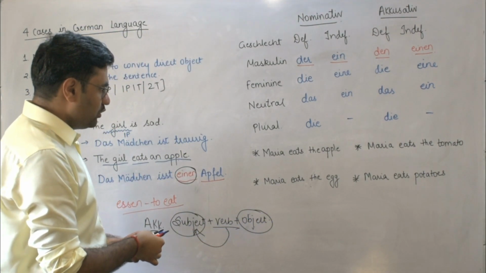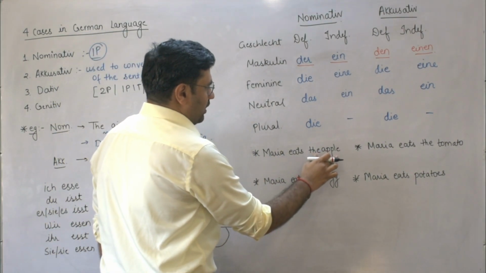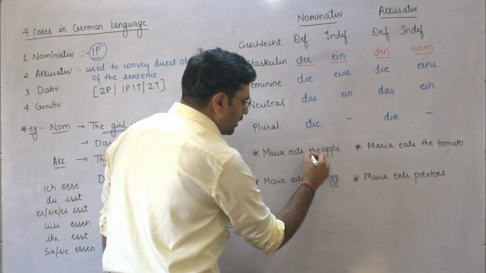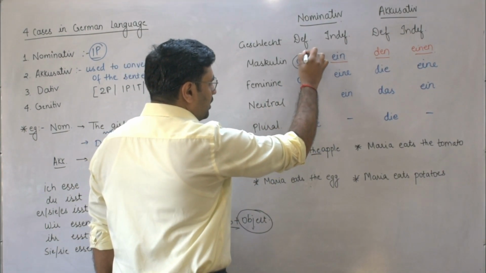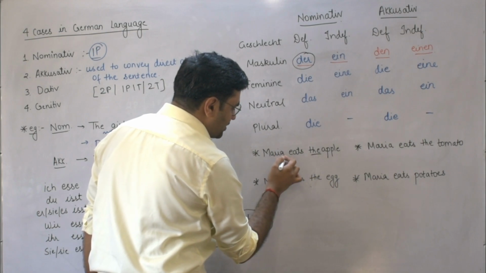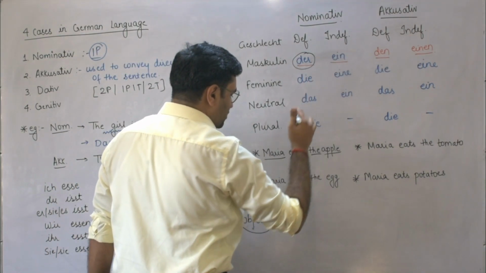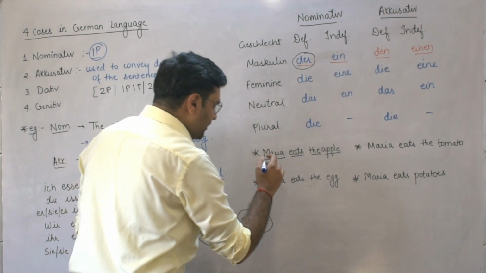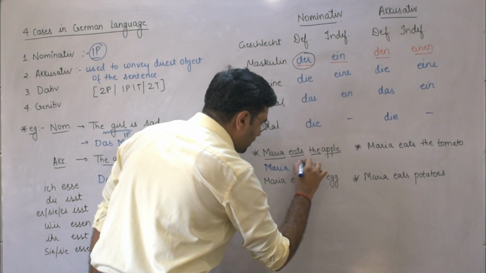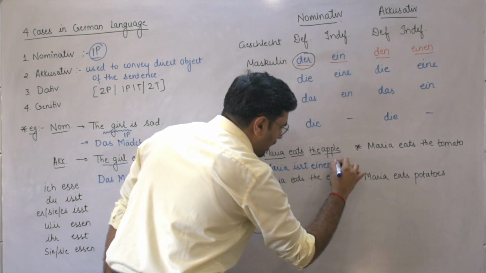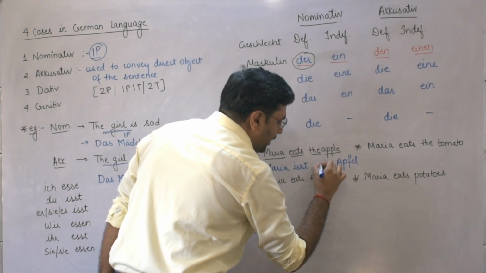How to use these statements, let us see some examples. If I say Maria eats the apple, here we are using the definite sense, but this is in the accusative sense because there is a subject, a verb, and a direct object. So der becomes den. The translation will be Maria isst den Apfel.